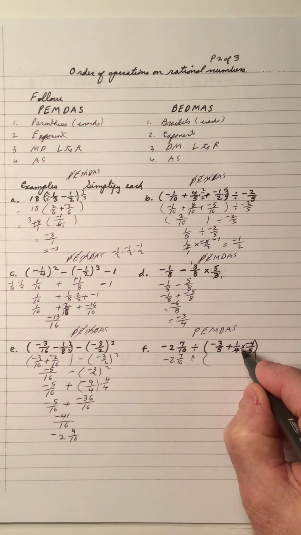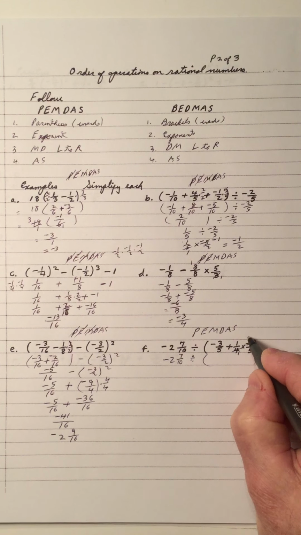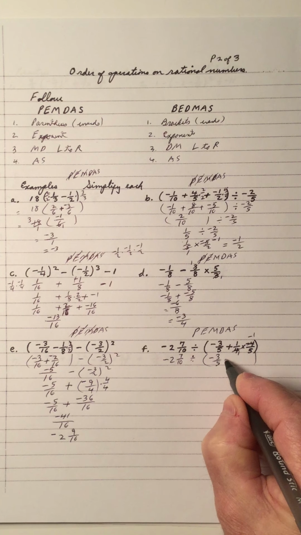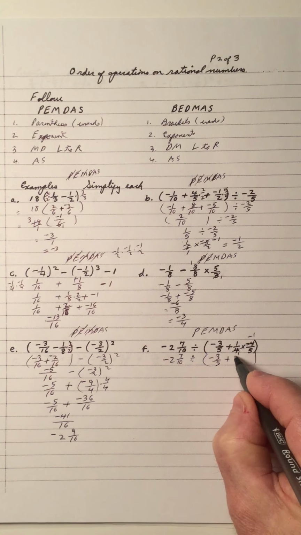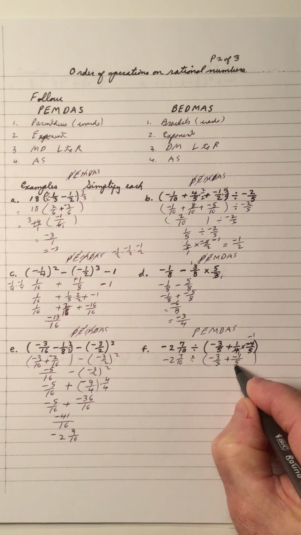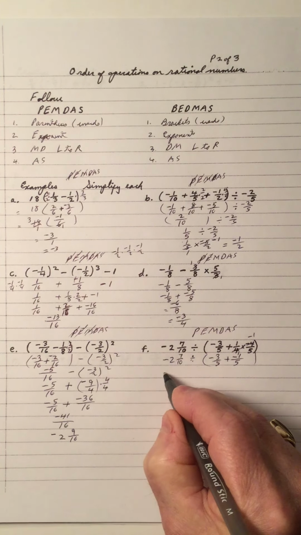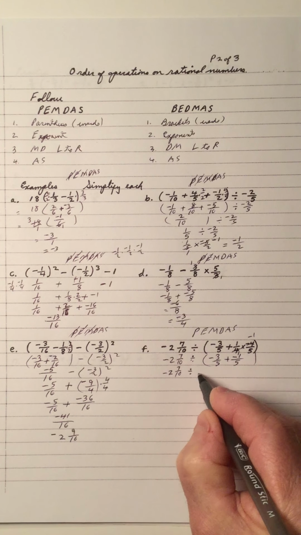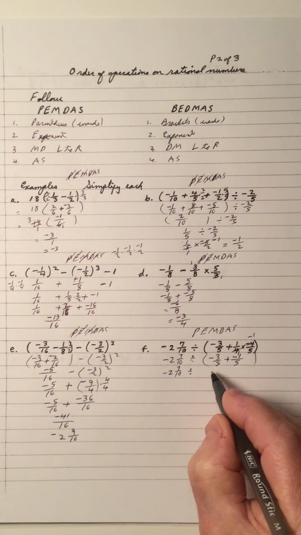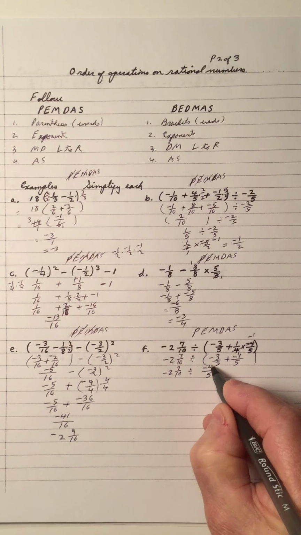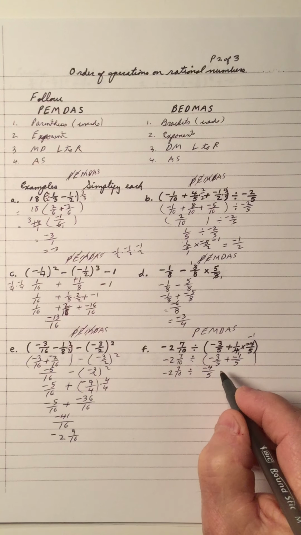I can cancel: 4 and 4 goes once. 4 and negative 4 is negative 1. So that's negative 3 over 5. Add on 1 times negative 1 is negative 1. 1 times 5 is 5. And I still have to work on the inside of that until it's fully simplified. So when I add these, 5 is a common denominator, and I get negative 4 when I add negative 3 and negative 1.